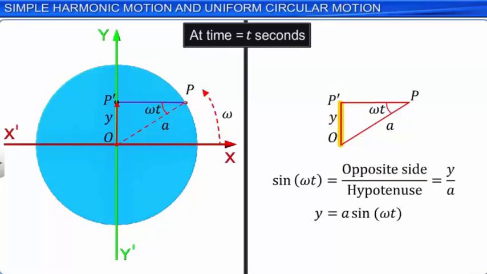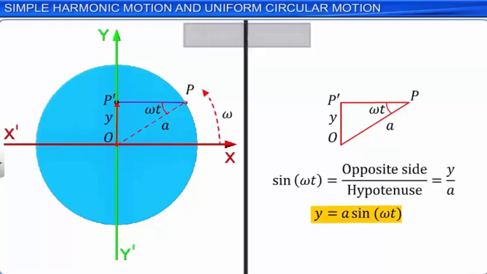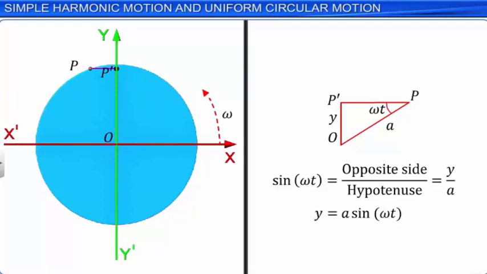Thus, we get y is equal to a sine omega t. The motion of the projection is oscillatory, and its displacement varies sinusoidally with time. Thus, the motion of P dash is simple harmonic motion.